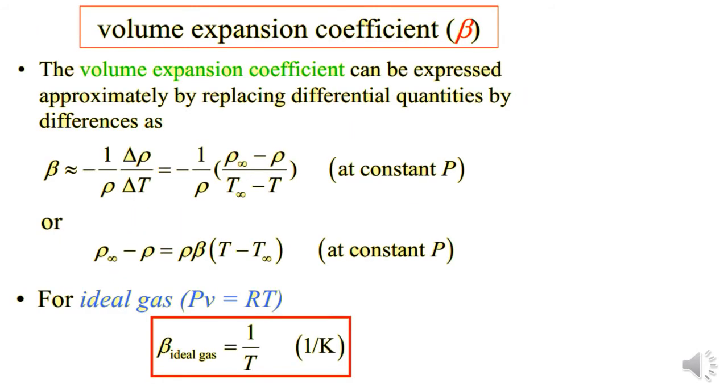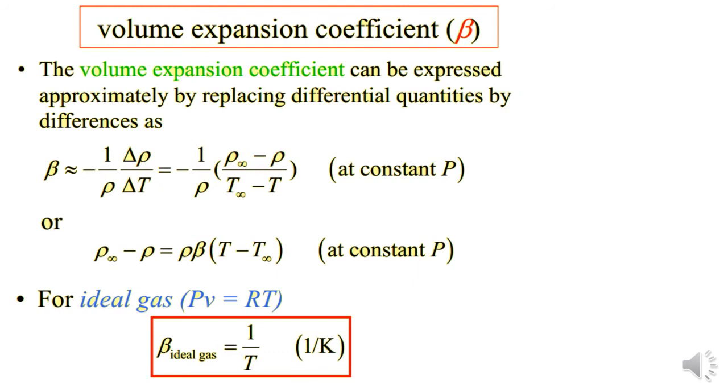Volume expansion coefficient beta. The volume expansion coefficient can be expressed approximately by replacing differential quantities by differences, as beta equals 1 over density rho times delta density divided by delta temperature.